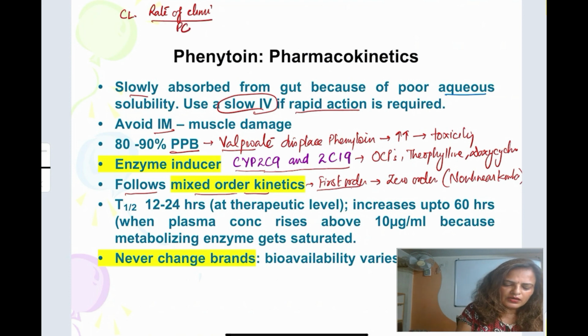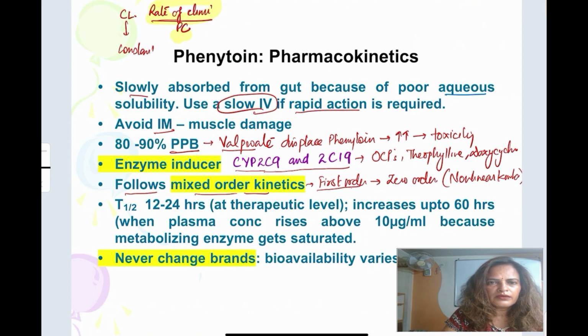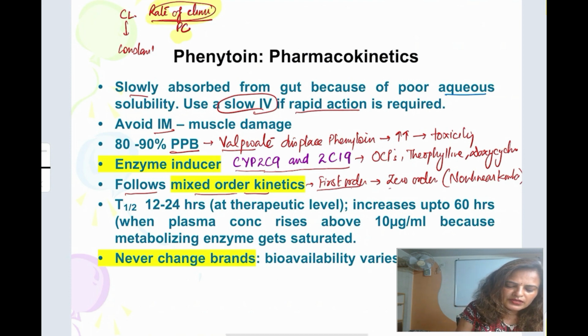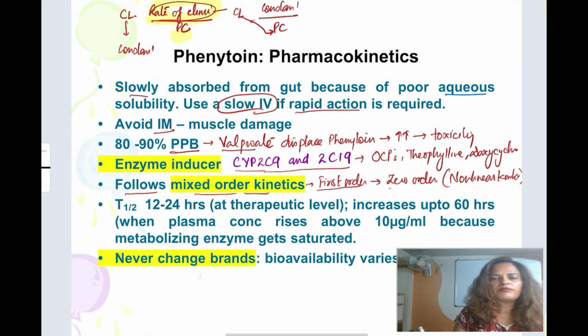So in first order, this rate of elimination is directly proportional to the plasma concentration. So clearance is constant. The more the elimination, the more it is directly proportional to the plasma concentration. But as it follows zero order, then in zero order the rate of elimination becomes a constant, and then clearance is inversely proportional to the plasma concentration.